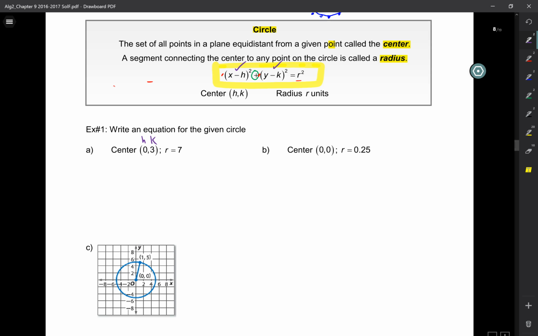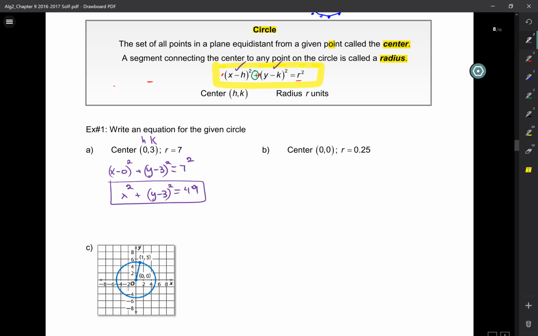So it's going to be x minus 0 squared, that's just x squared. I'm going to write it like this one time, and then we don't have to write it in this much detail anymore. Plus y minus 3 squared is equal to 7 squared. So finally, x squared plus y minus 3 squared is equal to 49.